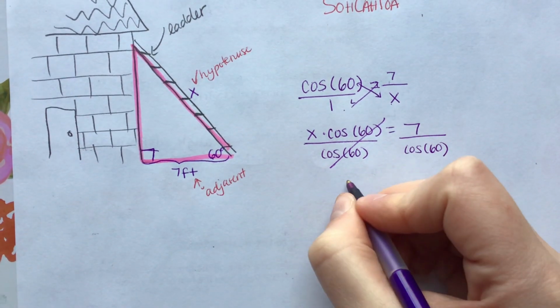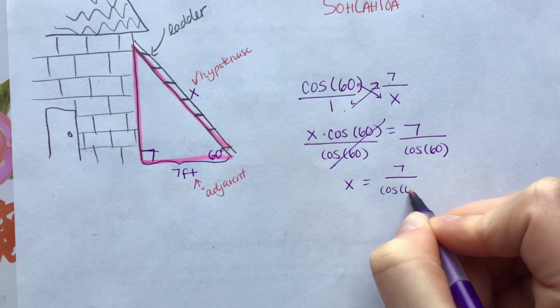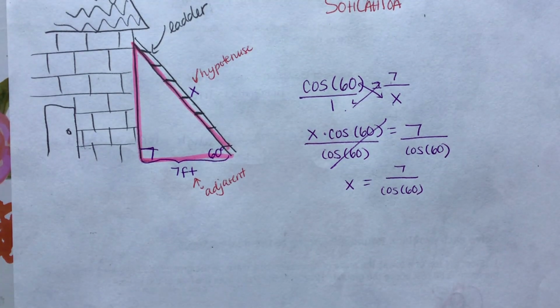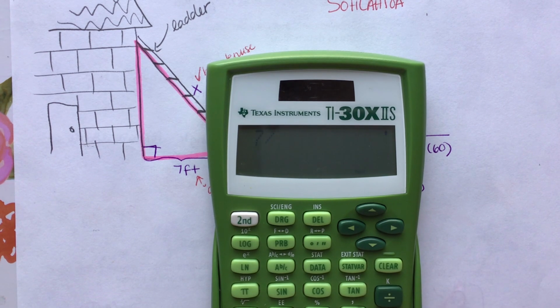That cancels those out, and now I have x is equal to 7 divided by the cosine of 60. Now I can put that into my calculator, and when I do that, I have 7 divided by cosine 60. That gets me 14.